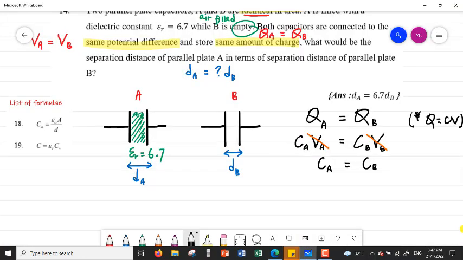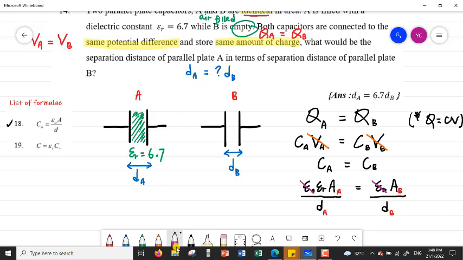Capacitor A has a dielectric, so we have epsilon naught epsilon R A over d. This one is for capacitor A, so I put it with subscript A. The capacitance for capacitor B will be that of an air-filled capacitor. The formula for an air-filled capacitor is epsilon naught A over the separation, but this one is for capacitor B. The epsilon naught is the permittivity constant, so it can be cancelled.